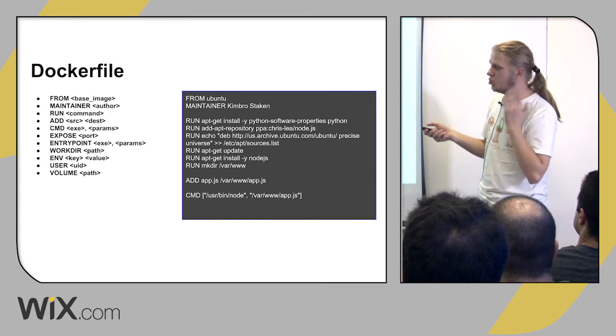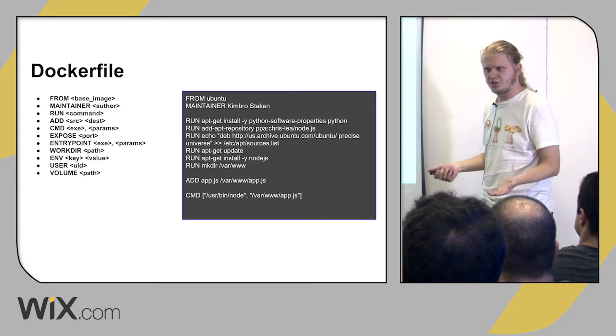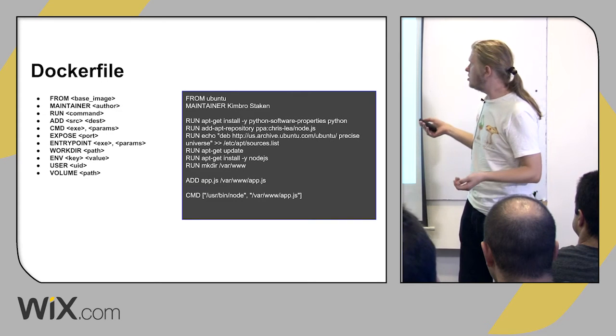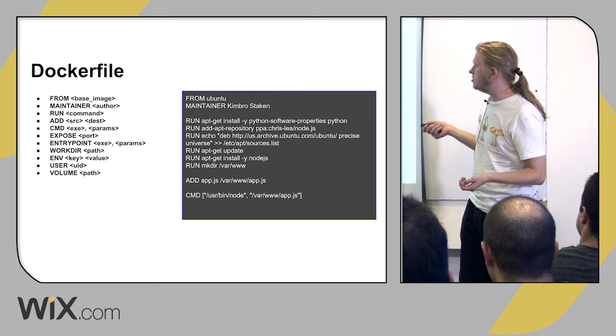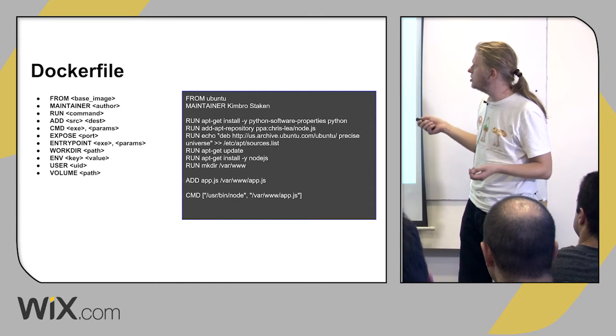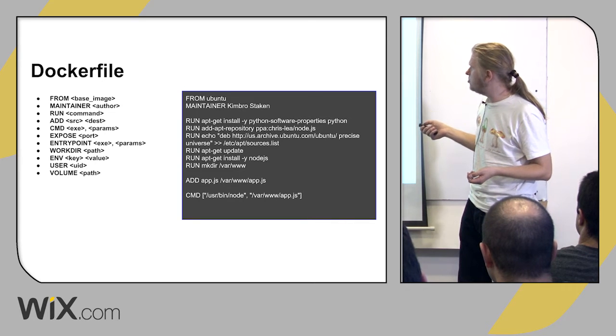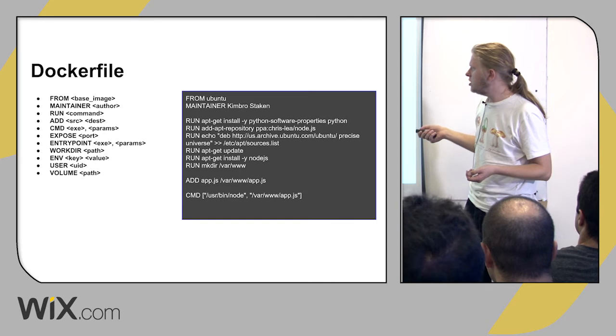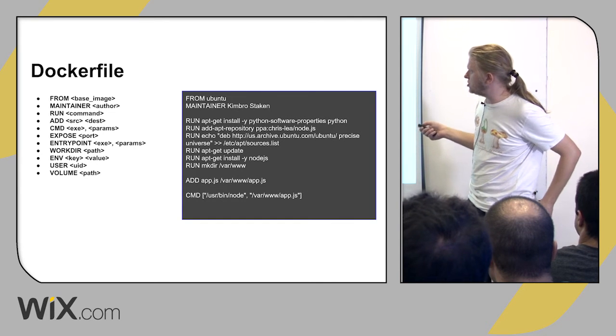You can use RUN commands to install anything you want on that machine. This is just a setup to have Node.js and Python on your machine. This is all the setup phase.